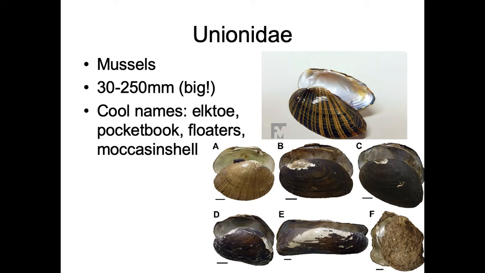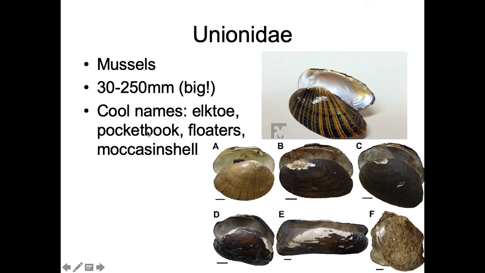This is Unionidae. These are freshwater mussels. You can see that the shells aren't always smooth. They often have lots of bumps and nodules and things like that, ridges. They're big, so much, much larger. If you see a small clam-looking thing, it is Sphaeriidae. If it is big, it is Unionidae.